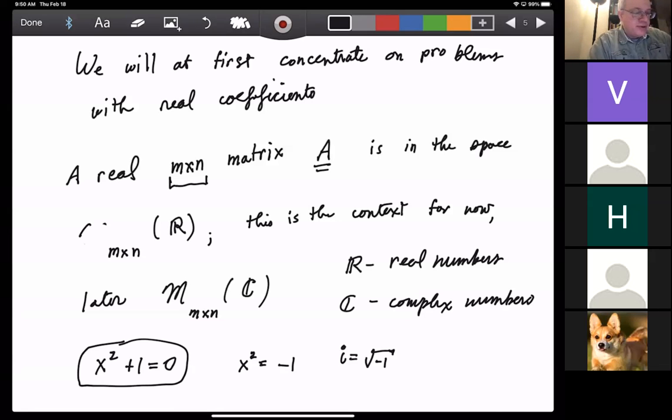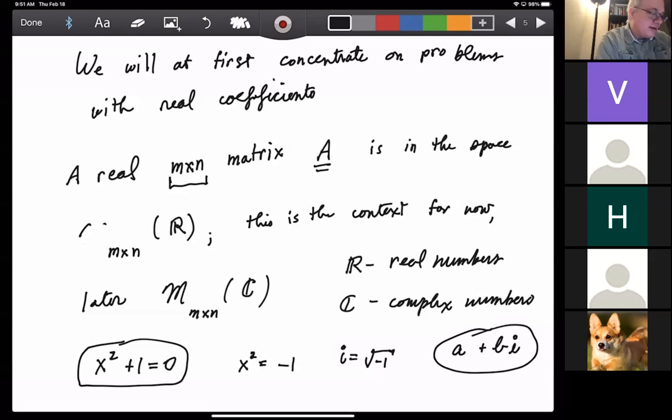And if we build numbers in the form a plus bi, where a and b are real numbers, then all the numbers of this form are the complex numbers. And it turns out that these are, in some sense, easier to work with than the real numbers, because for any polynomial equation, you can prove that all solutions are going to be found as complex numbers.